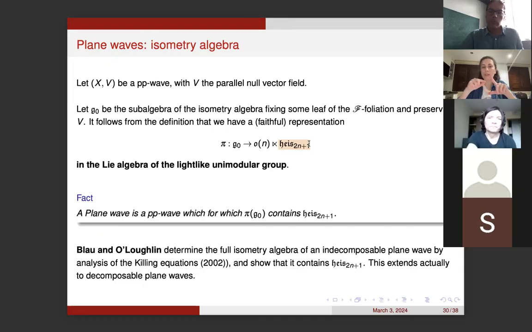If we have both, then any local isometry extends to a global isometry. I see. So you use local properties, but then you go to the universal cover to have the full isometry group. Oh, thank you.